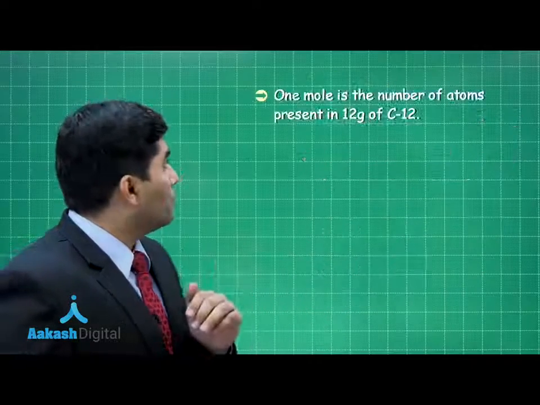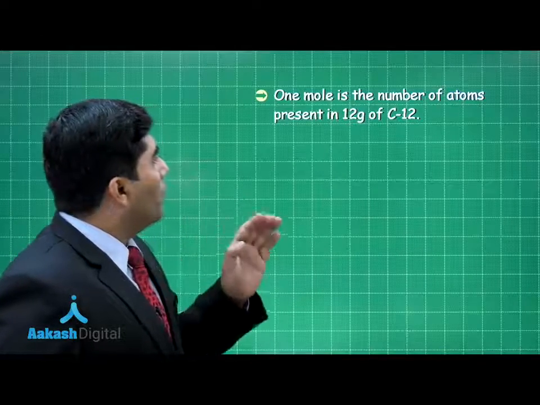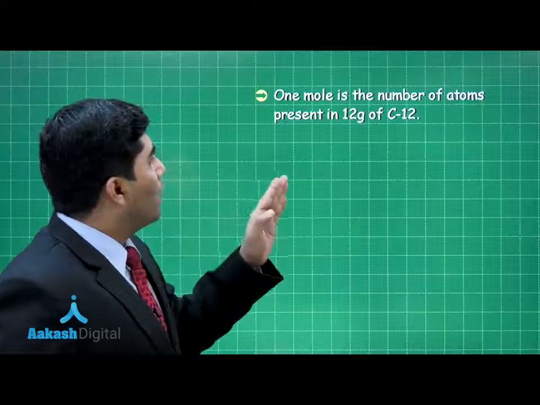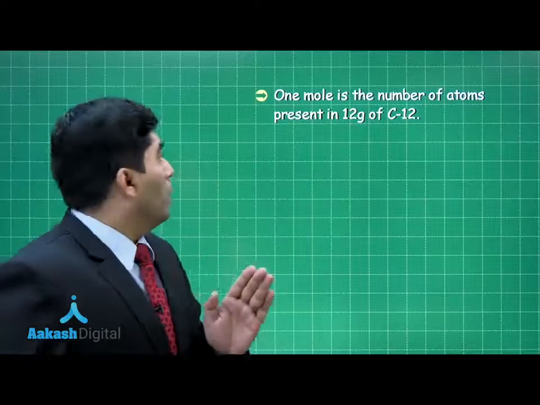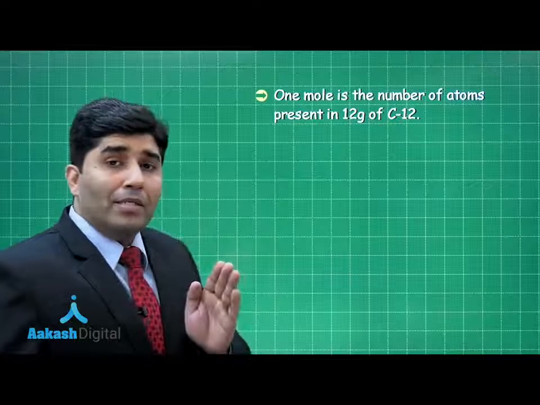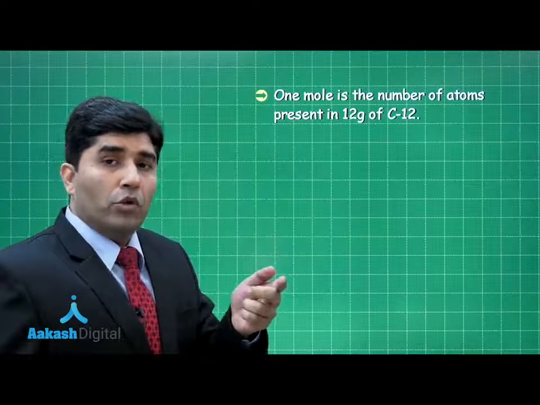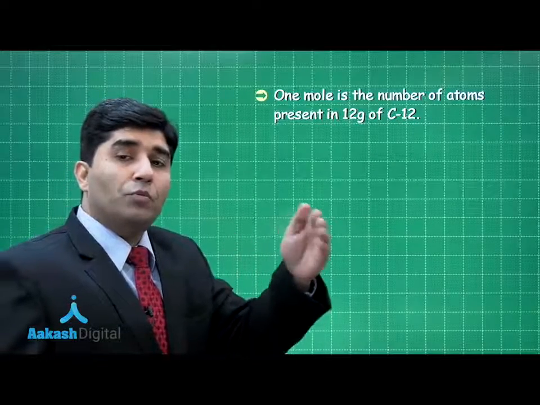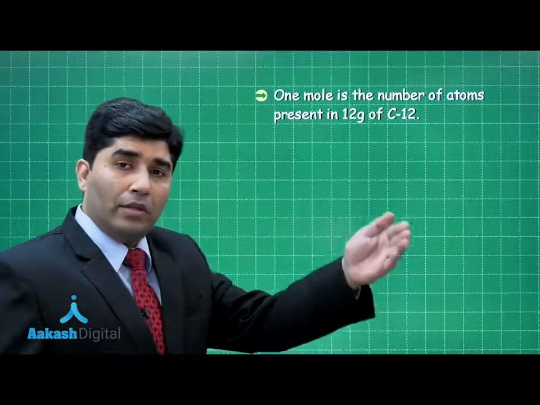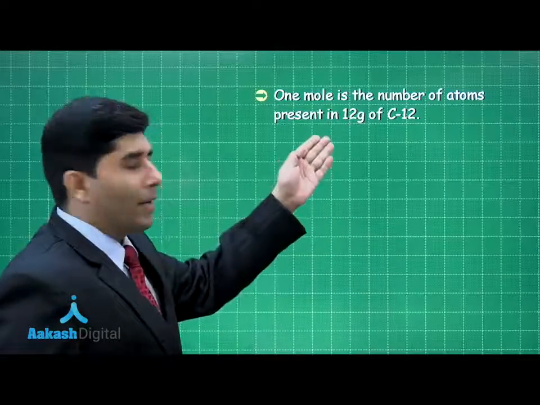Now, according to NCERT, 1 mole is the number of atoms present in 12 gram of C12 isotope. Atomic mass of carbon is 12 AMU. So 12 AMU multiplied by 6.023 into 10 to the power 23, that is 1 mole, will be equal to 12 gram.